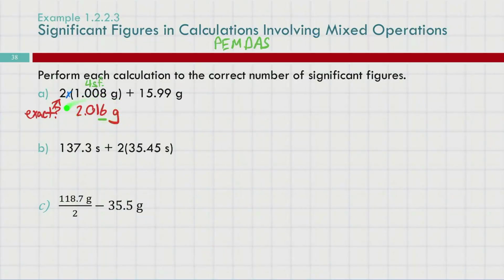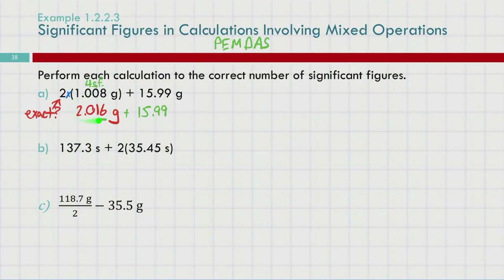Then we are going to add 2.016 and 15.99. So we were doing multiplication. We cared about the number of significant figures. Now we care about what when we're doing addition? Decimals.